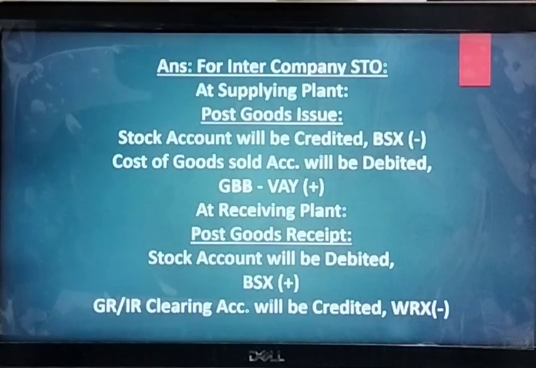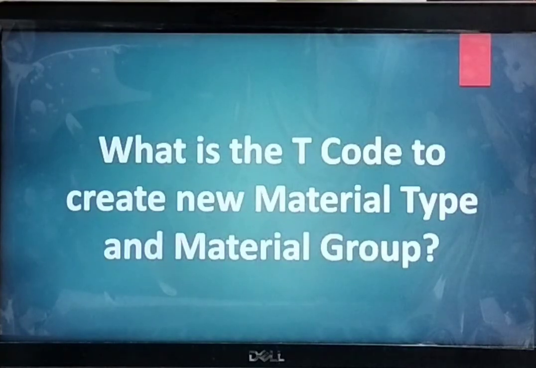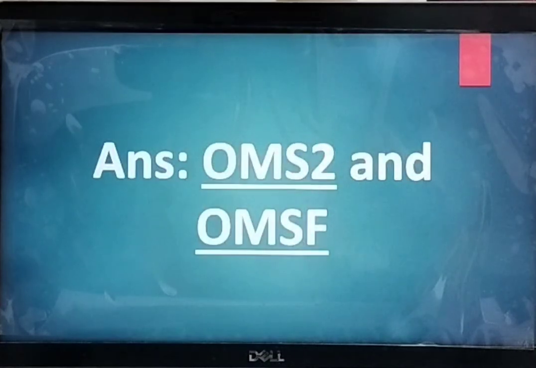Moving on to the next question. What is the T-code to create a new material type and the material group? To create the material type is OMS2, to create the material group is OMSF, and to create the new industrial type is OMS3.